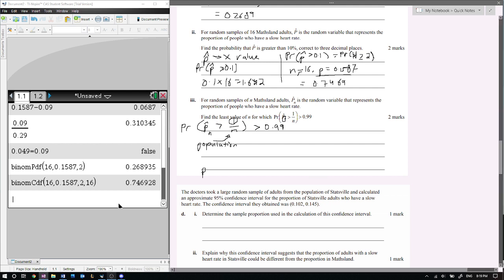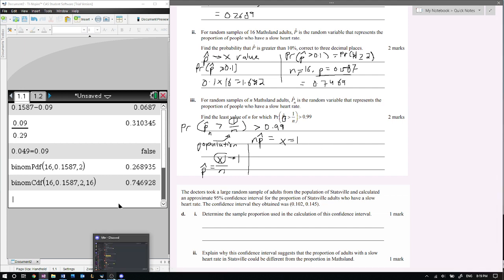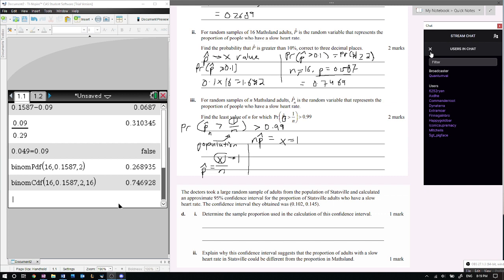So look, the reverse applies here also. So p hat is equal to x on n. Therefore n p hat is equal to x. And of course, we are given x, which is equal to 1. So our x value, which we just figured out, is 1.